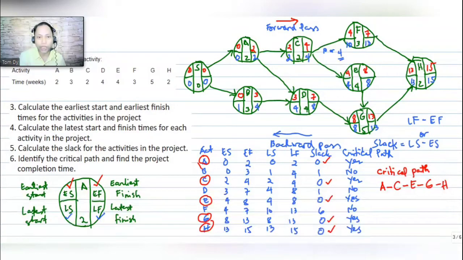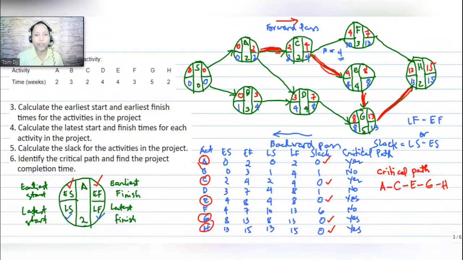So we have this one, and then this one, and then this one, and then this one. Okay, these are our critical path. Another way of identifying our critical path is you have to count the number of arrows connecting the two nodes.